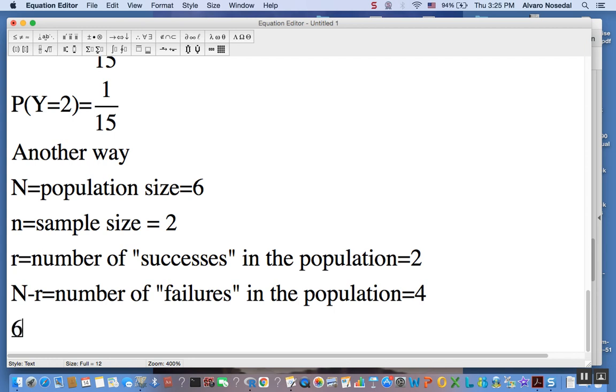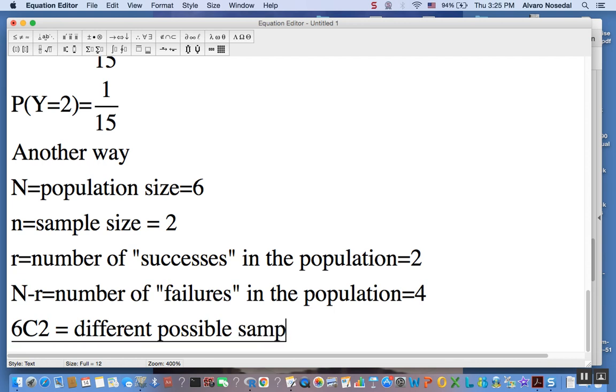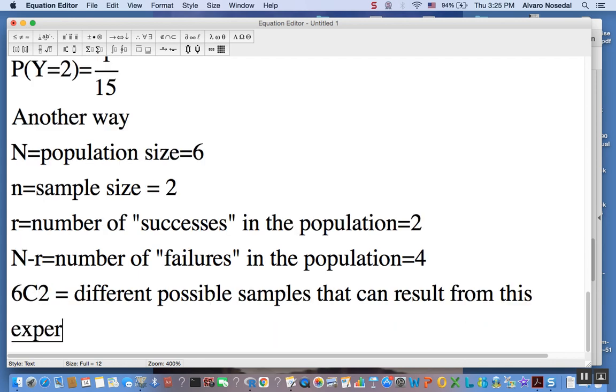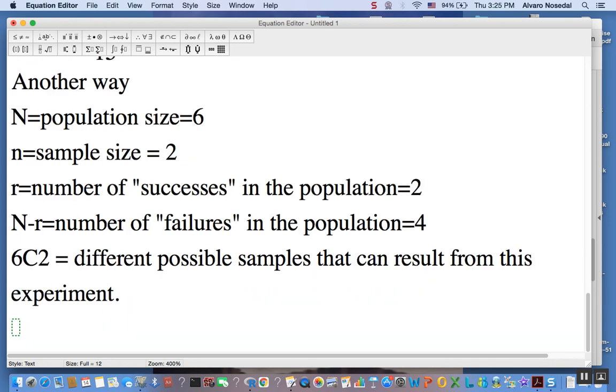So 6 choose 2 is going to give us the different possible combinations or possible samples that can result from this experiment. And that happens to be 15, right?